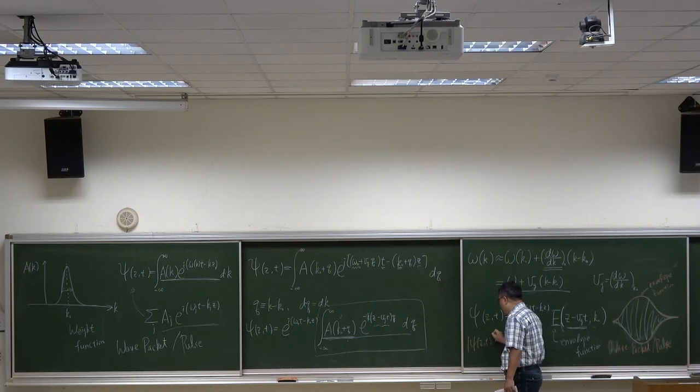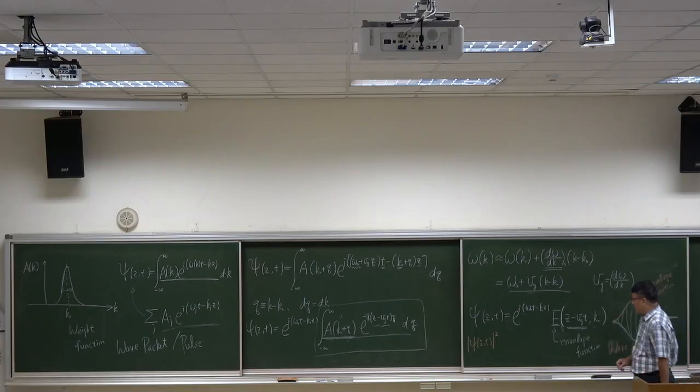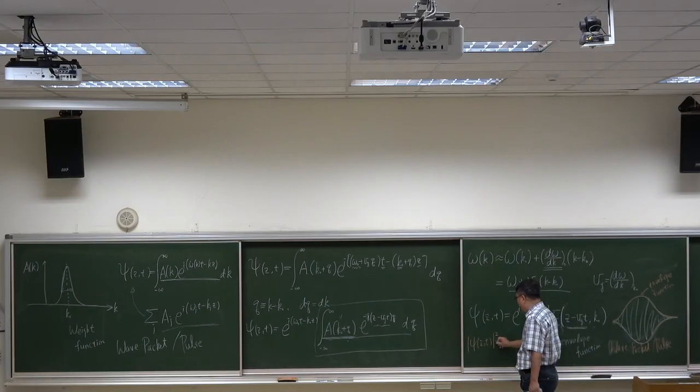So here you see that if you take the square of the absolute value of this psi function, you get this function of z minus vg t, squared.